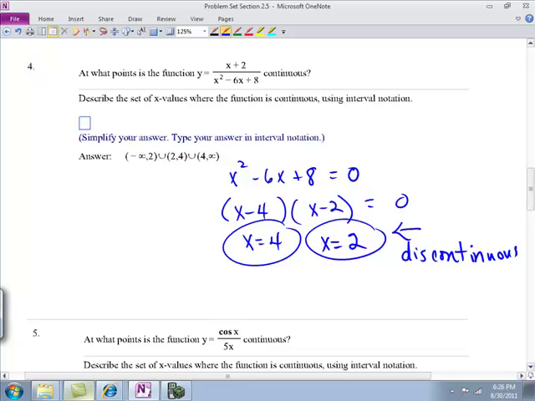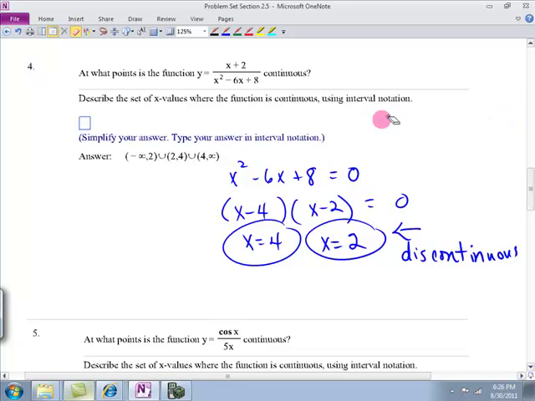Okay, at x equals 4 and x equals 2, but it says describe where it's continuous using interval notation. So we have to do this business. Think about 2 comes first. So on the number line, we've got 2 here, we've got 4 here. It's continuous all the way till we hit 2, and then it's continuous from 2 to 4, and then it's continuous from 4 to infinity.